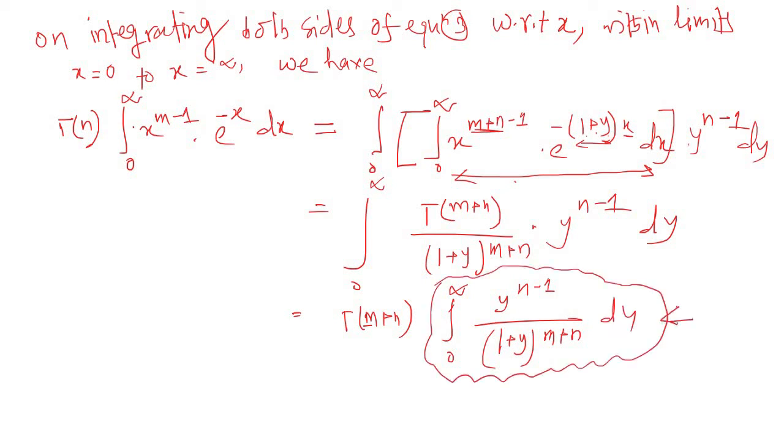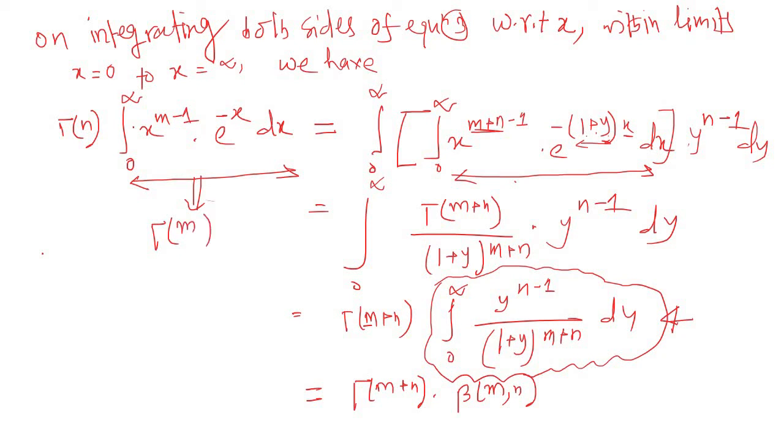This integral is nothing but beta m, n. So gamma m plus n into beta m comma n. Here this left side is nothing but gamma m into gamma n.